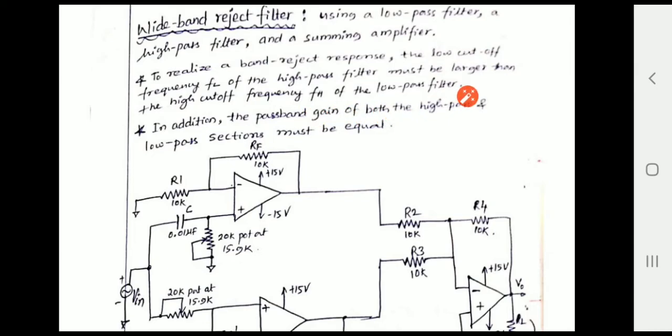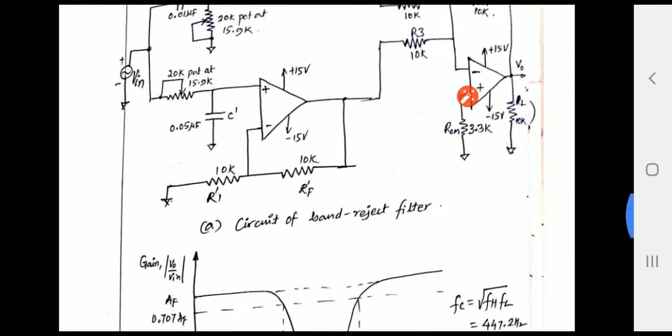Here the value of FH needs to be smaller and the value of FL needs to be larger, where FL is used for the high pass filter and FH is used for the low pass filter.